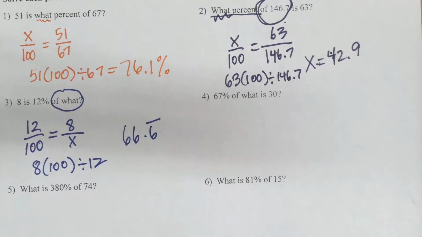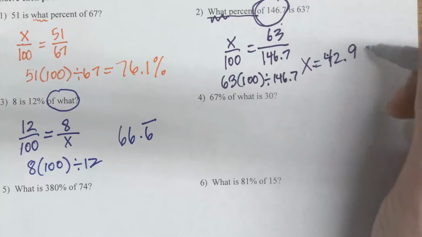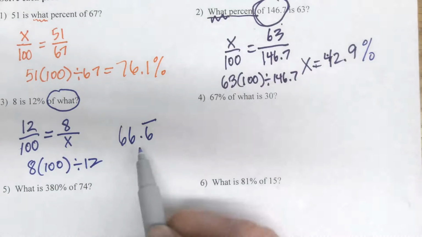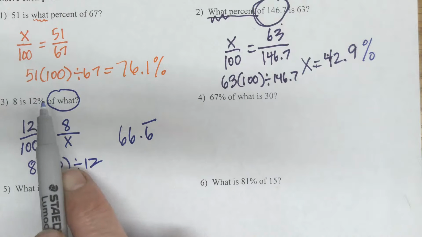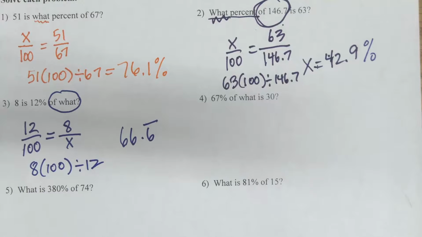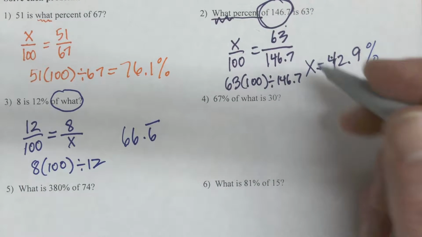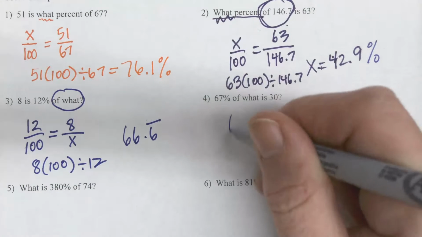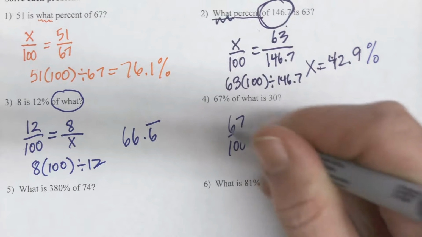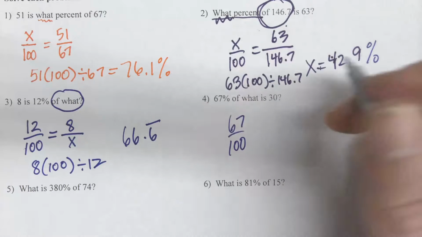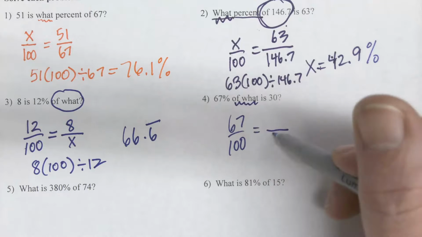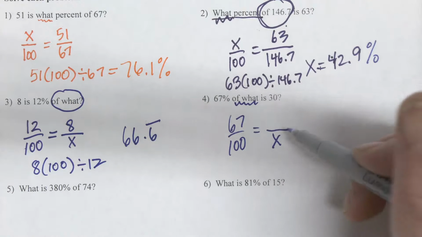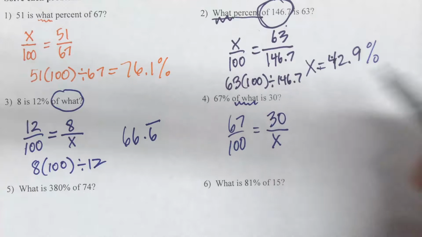Notice that I should have put this one up here as a percent because I was missing the percent, but this one I don't put a percent after because I have the percent. I only have one percent in a problem, okay? So again, the percent goes over 100, that's why I always put the percent part first, because it's usually the easiest thing to find. The number that follows of goes on the bottom. That's the one I don't know. The remaining number goes on the top.